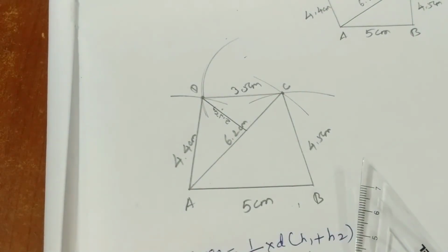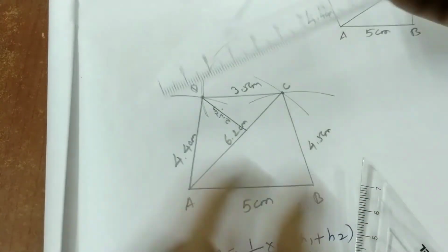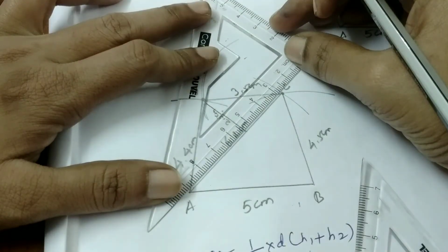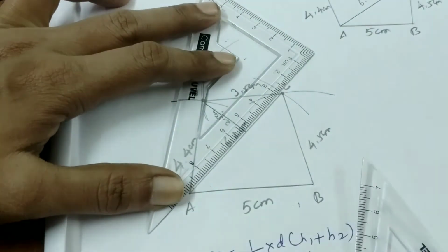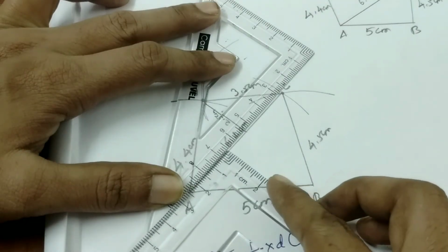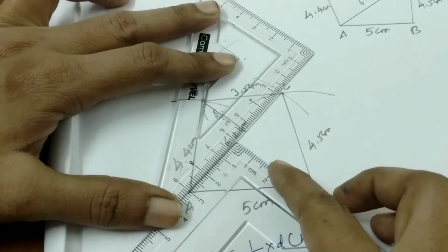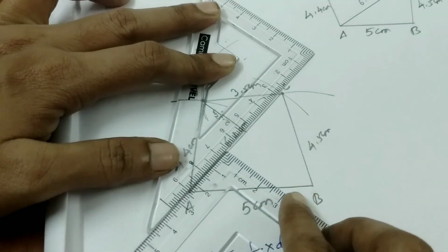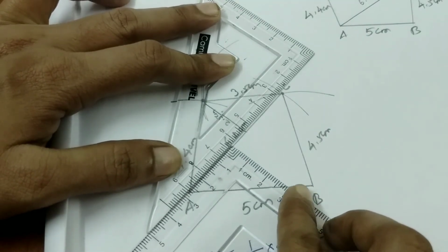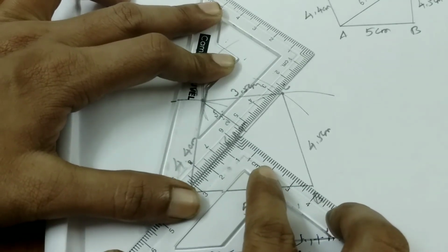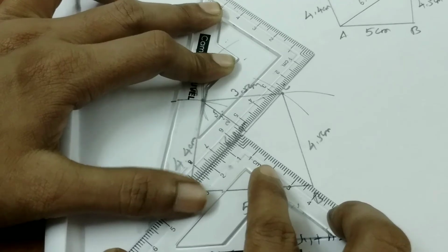Again you take this set square. Keep your set square like this along the diagonal, and then take another set square like this. These two set squares will coincide. Now we move the second set square until your B point comes.